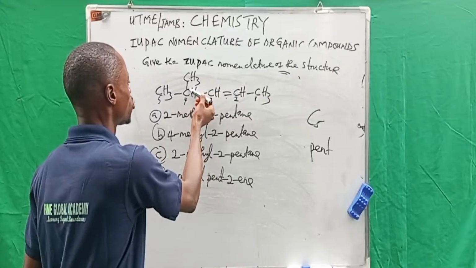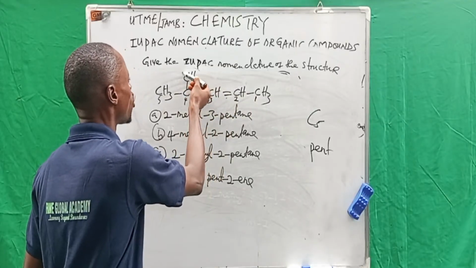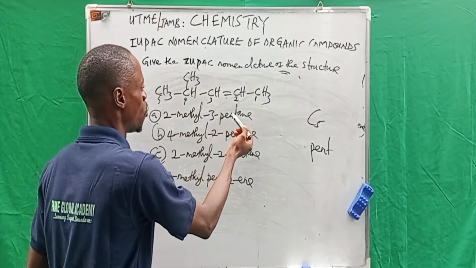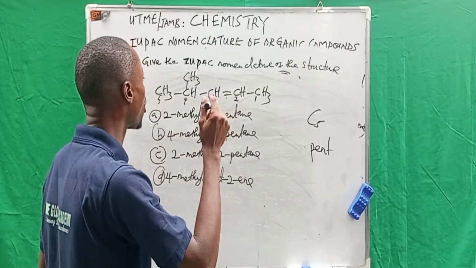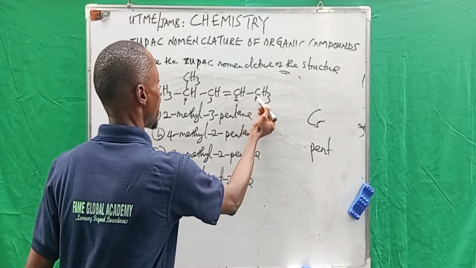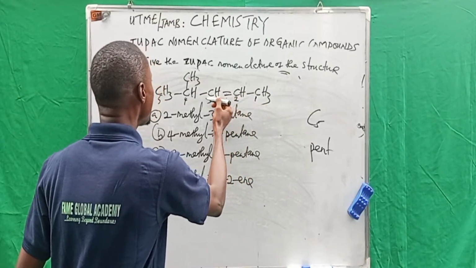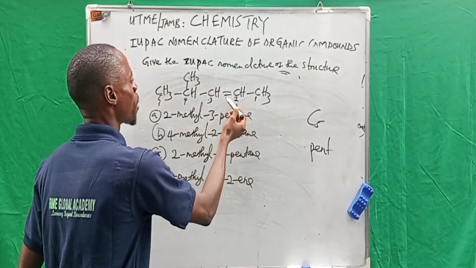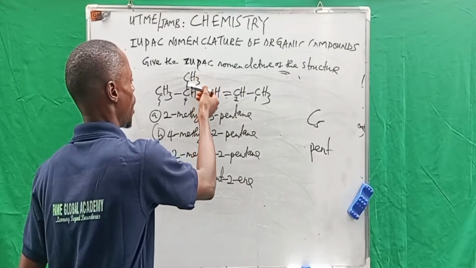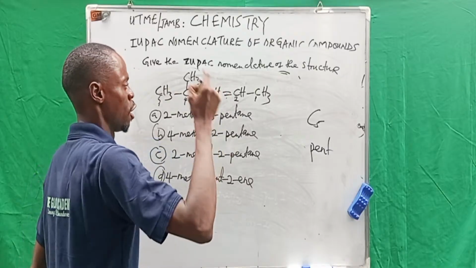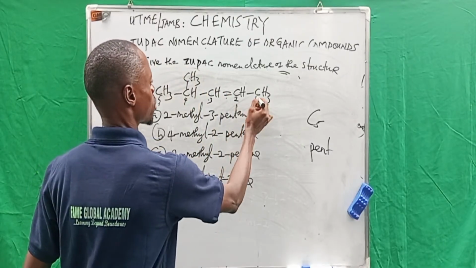Methyl, carbon atom 2 from this end, we won't consider methyl ahead of what? Ahead of our functional group, double bond. So the numbering must begin from this end, 1, 2, 3, 4, 5. Why? We give priority to the functional group ahead of an organic or inorganic substituent. And that's how our numbering must start from this end.